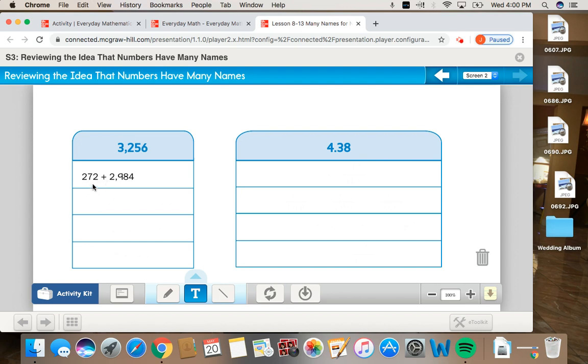All right, the next one I did was a subtraction problem. And again, I had to use my 3,256 in my thinking also. I did 6,222 minus 2,966.